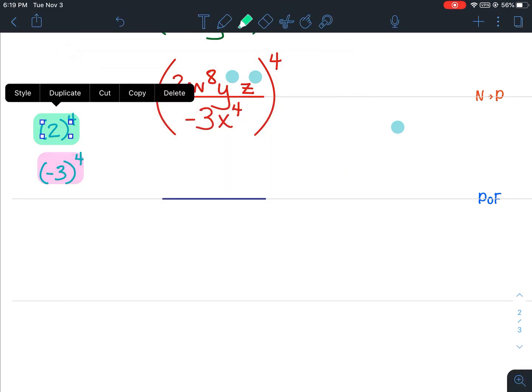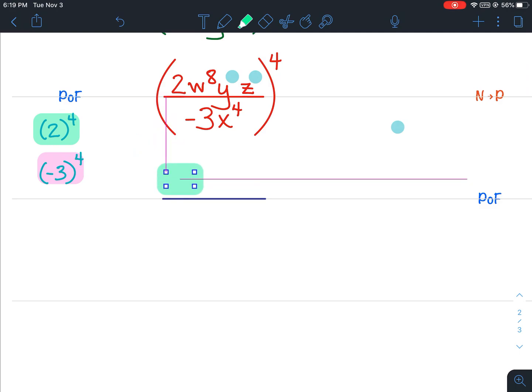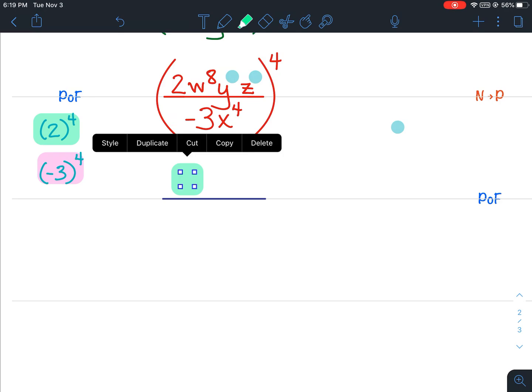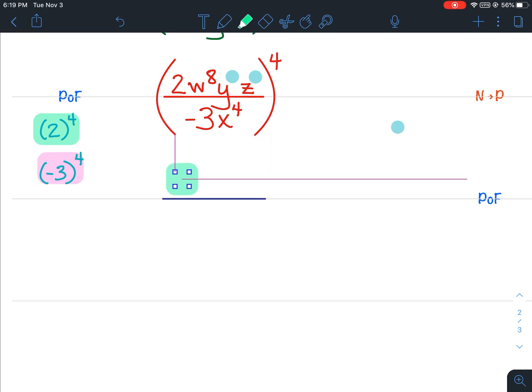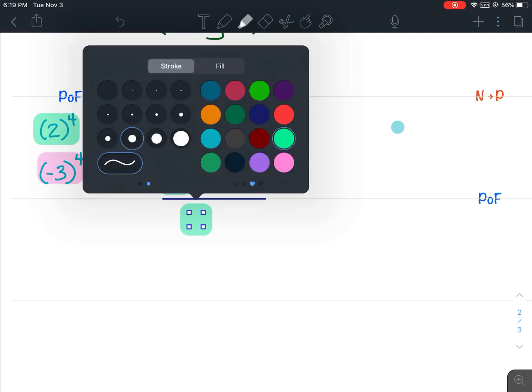Whatever you get for 2 to the 4th, that will go in the numerator. Then you're going to put -3 to the 4th, and please make sure you use parentheses. Whatever you get for -3 to the 4th, you will put that in the denominator.